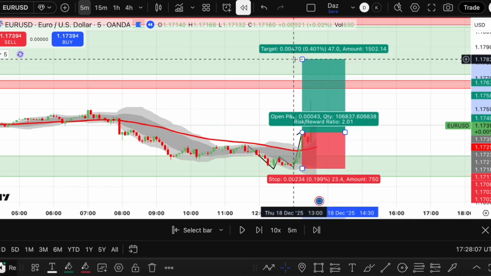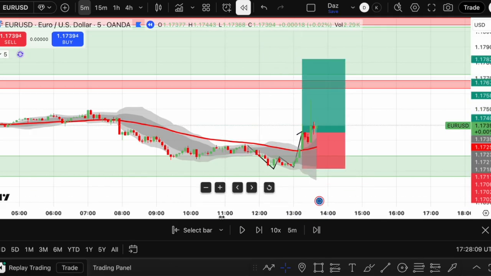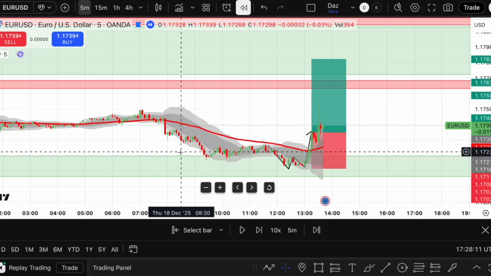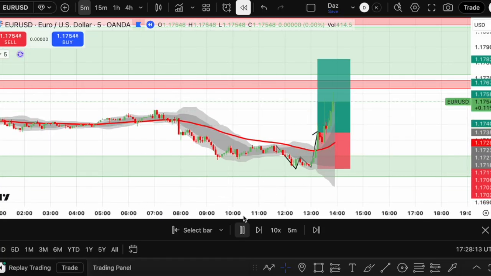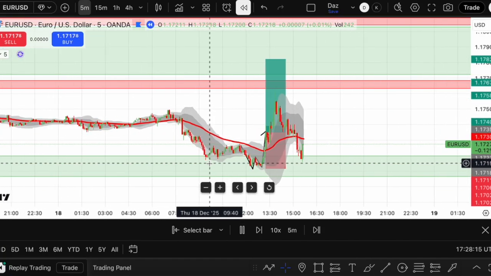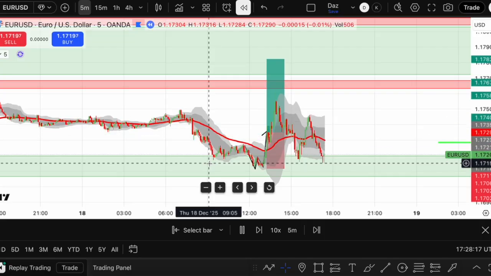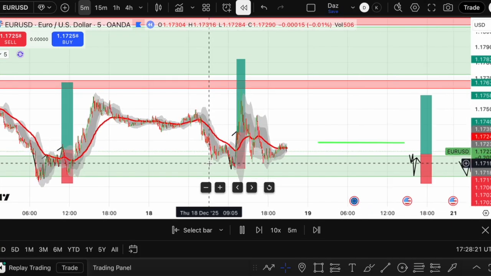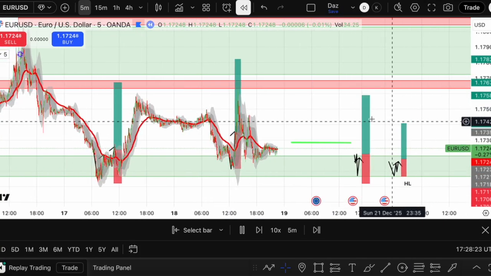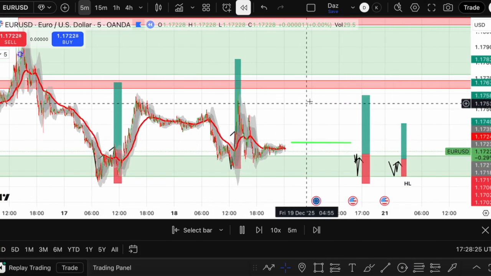So it broke the 55 EMA, and then it gave me the W. Broke the 55 EMA, and then it plays around. Did it take me out? Maybe. It's playing around a little bit. Let's see. It took once, took twice.